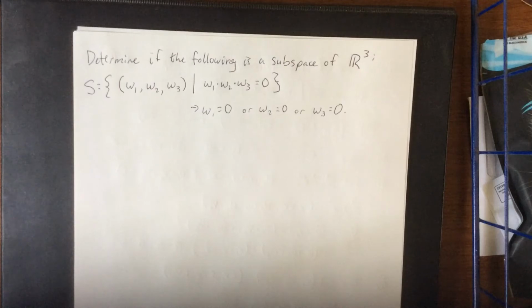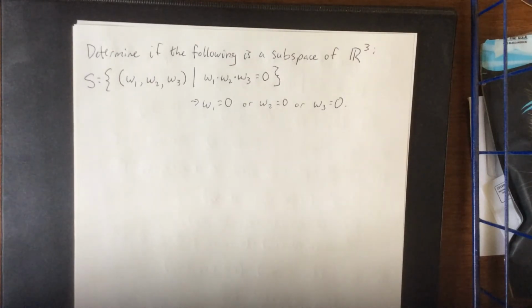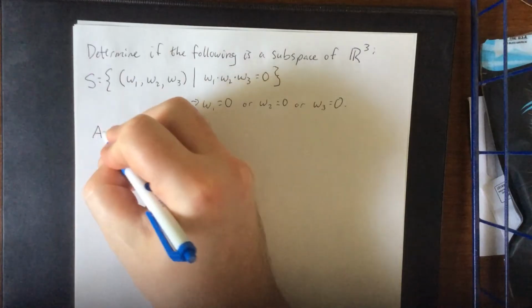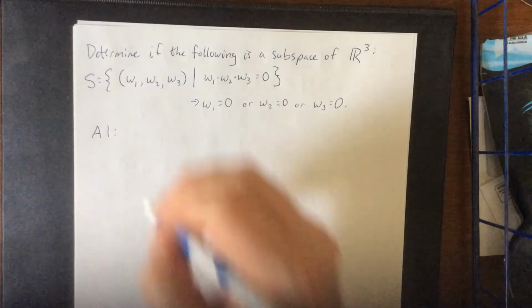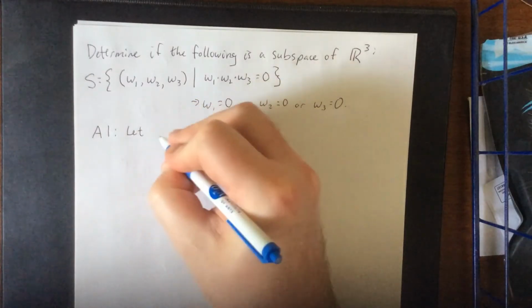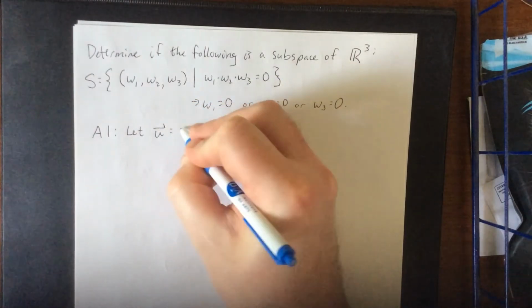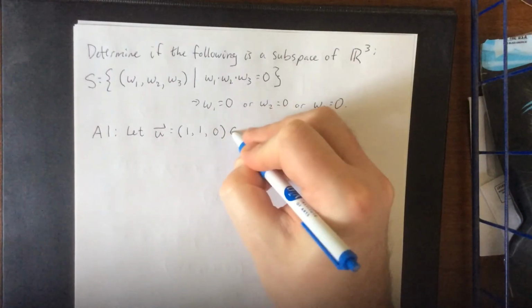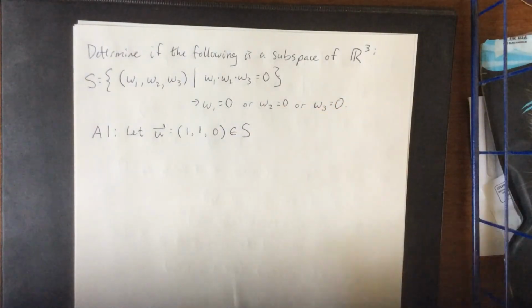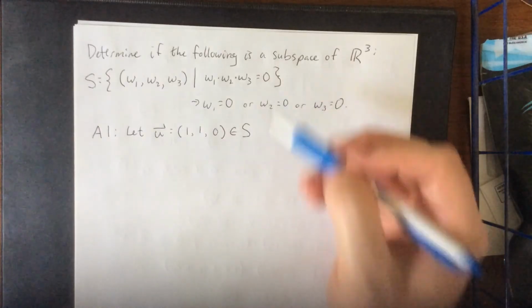I think that we can show relatively easily that the 0 vector is in the set and that it would be closed under scalar multiplication. However, I fear for A1 because we don't necessarily have to have that 0 component in the same position. We could say, for example, let U be equal to the vector 1, 1, 0, which is in S, since 1 times 1 times 0 is in fact 0.